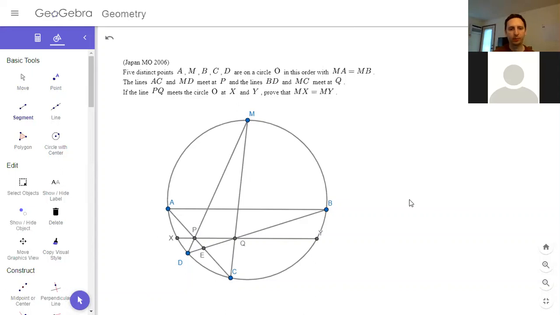Maybe we could use projective geometry. This feels a lot like projective geometry. Or maybe Pascal's theorem. You know what? I wonder if we could do it using Pascal's theorem. I feel like it might be a degenerate case or something.